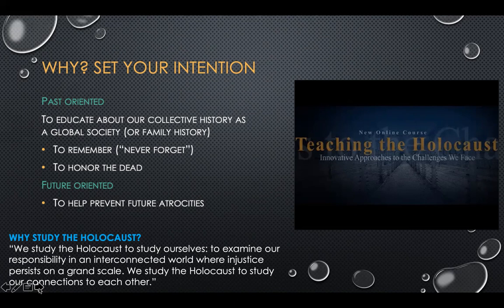But it's also future oriented, to really think about how studying the Holocaust, studying these connections, learning about injustice, and thinking about our responsibilities and our responses to unchecked power could help prevent future atrocities. And that's on small and large scales.